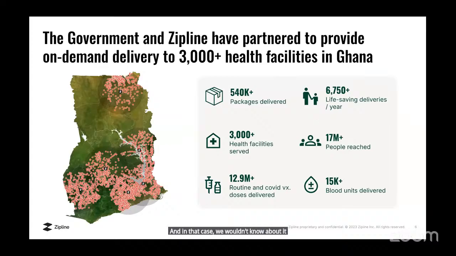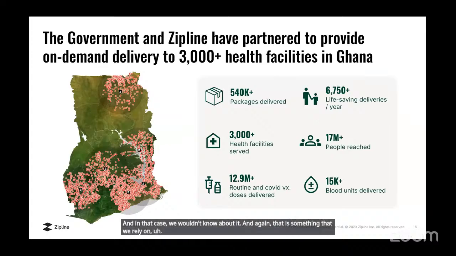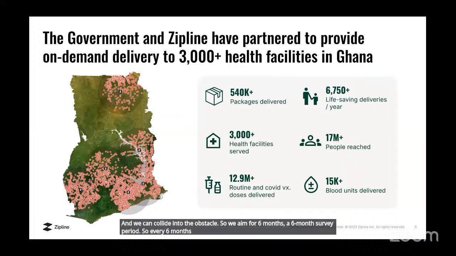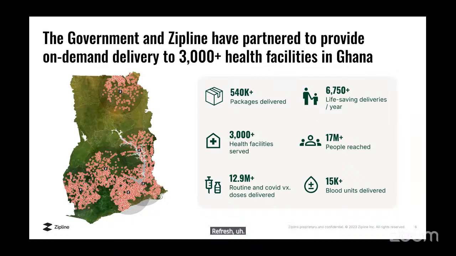Again, that is something that we rely on our community champions for. They're able to sometimes tell us about these things, but in a few cases we don't get that information quickly enough, and we can collide into the obstacle. So we aim for a 6 month survey period. Every 6 months we try to refresh our data with the surveys.